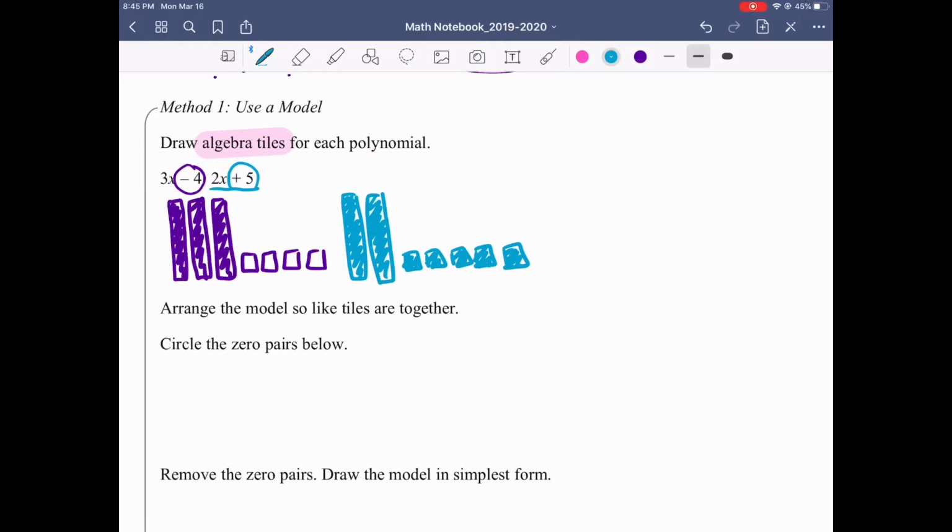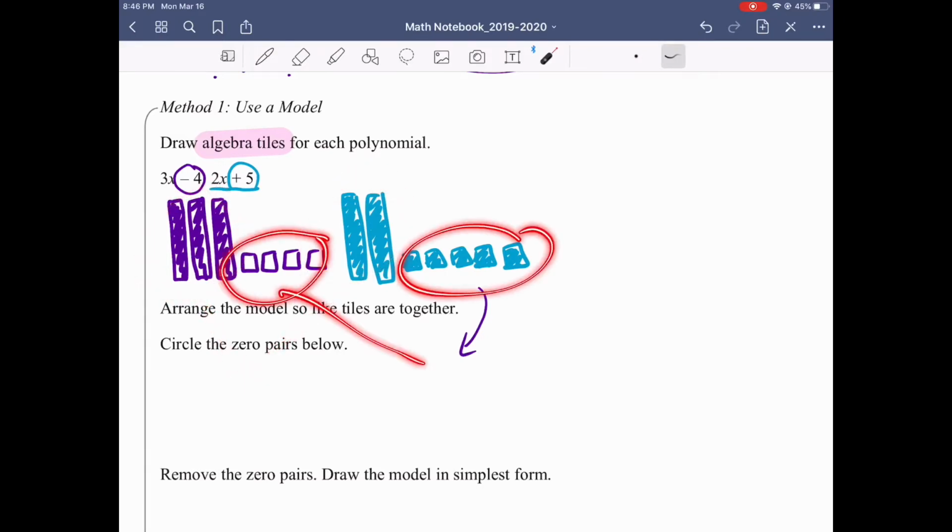Okay, step 2 says arrange the model so the like tiles are together. So I'm going to redraw this down here, drawing all the x's beside each other, and all the ones beside each other. I'm going to put the like terms beside each other.